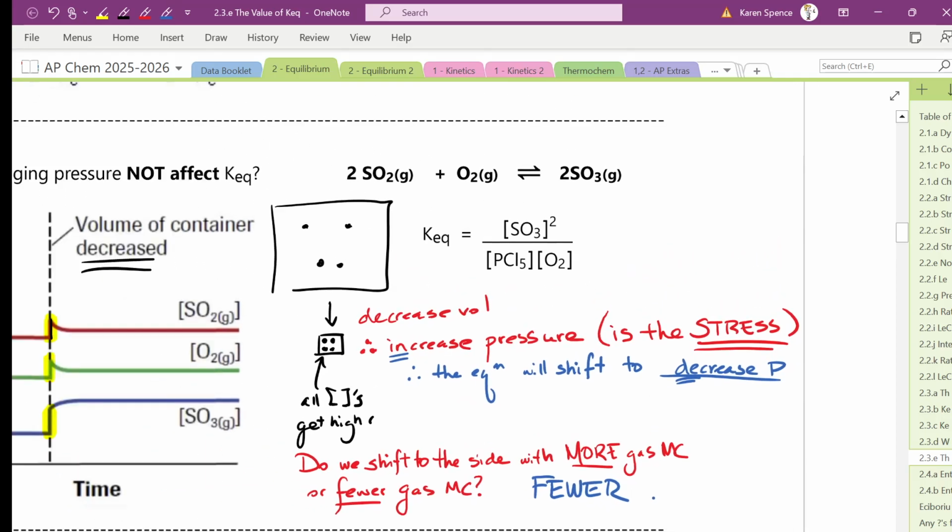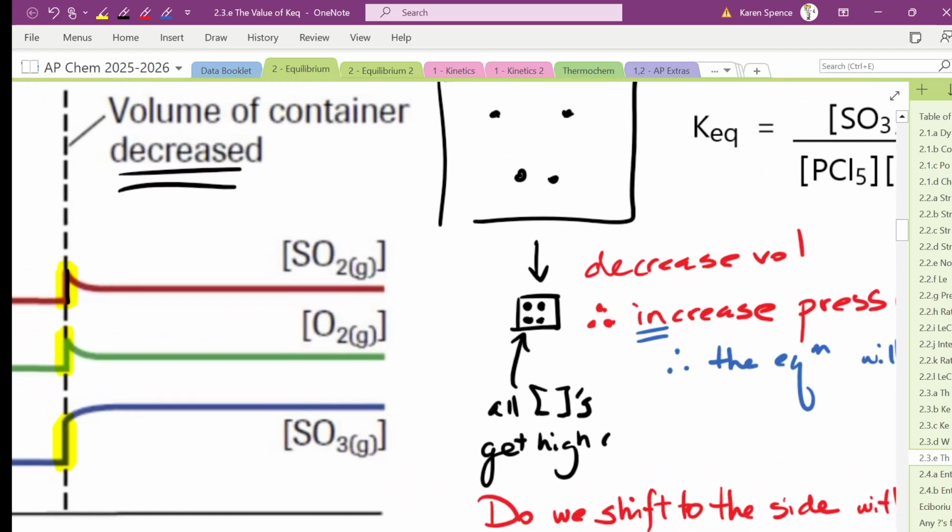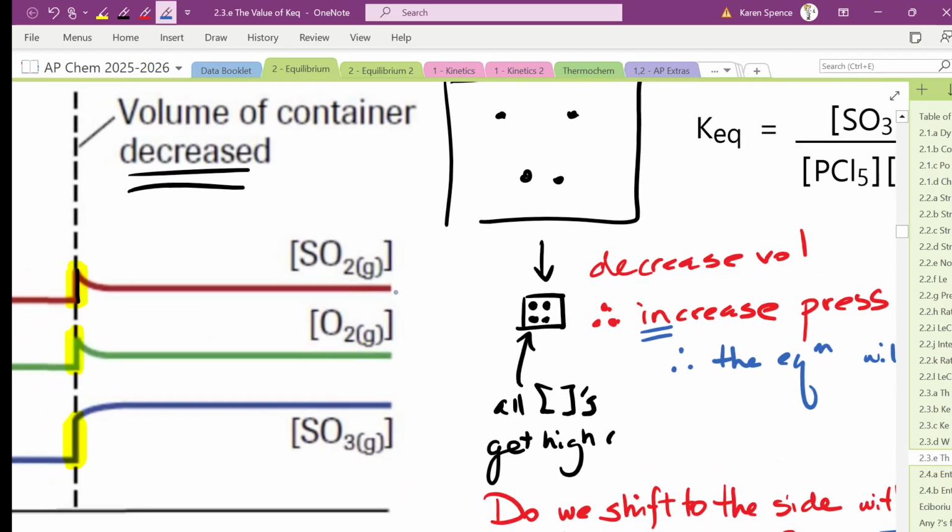Excellent. So which way will this equilibrium shift upon a decrease in volume? It's going to shift to the right. All right, but let's look at what happened to all of the concentrations. They all ended up being bigger.